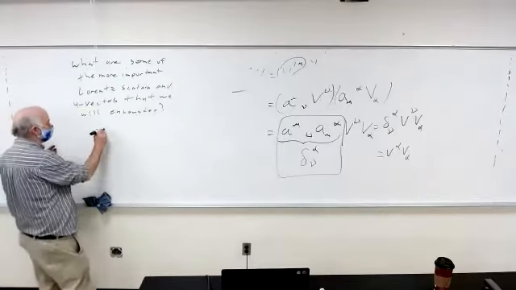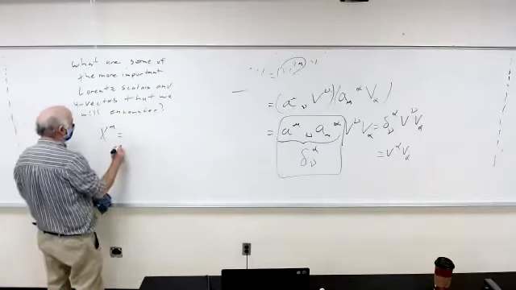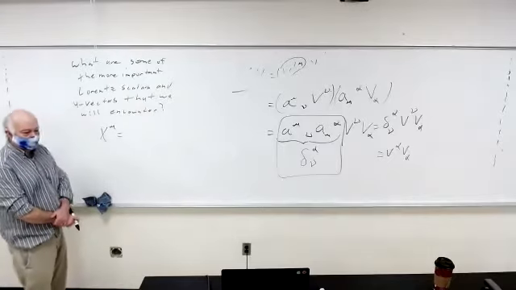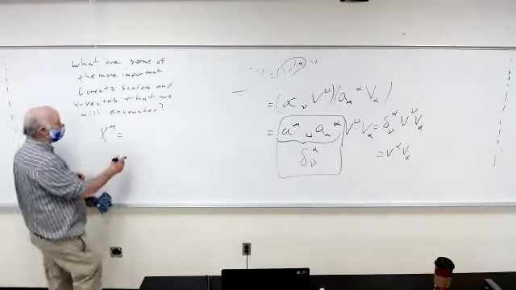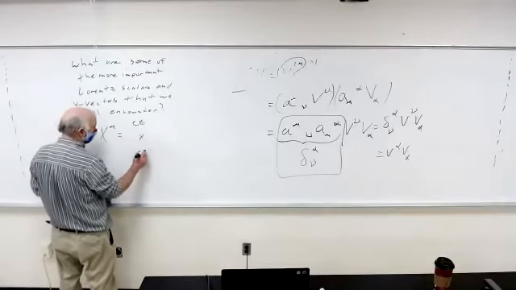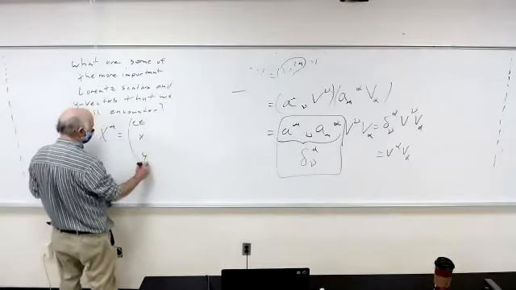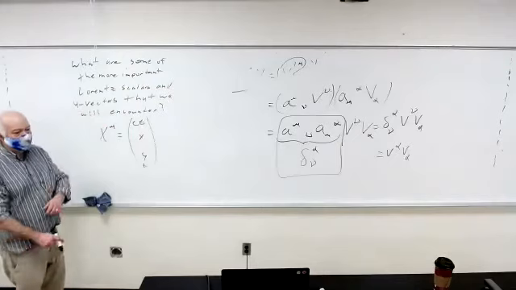One of them we know already: this x mu. So what is x mu? It's ct, x, y, z. Like that.